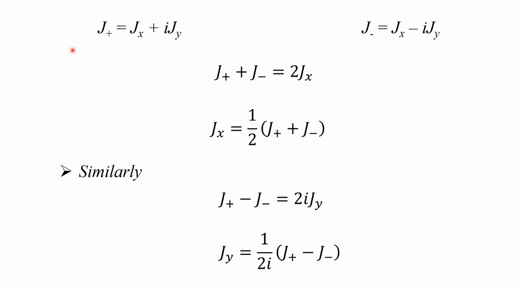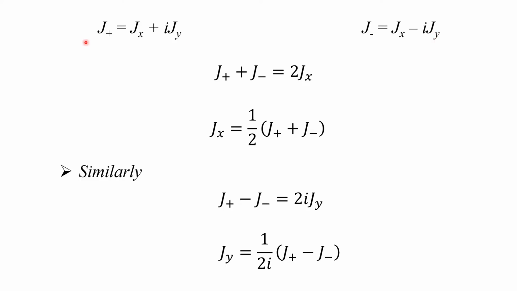Now our next task is to find the Jx matrix and the Jy matrix. You know the raising operator J plus is equal to Jx plus iJy. Similarly, the lowering operator J minus is equal to Jx minus iJy.